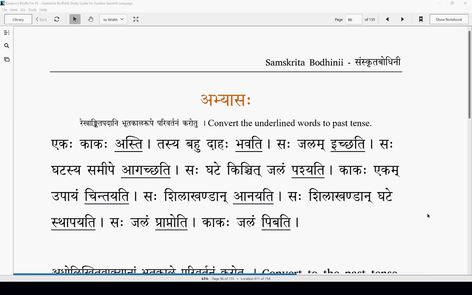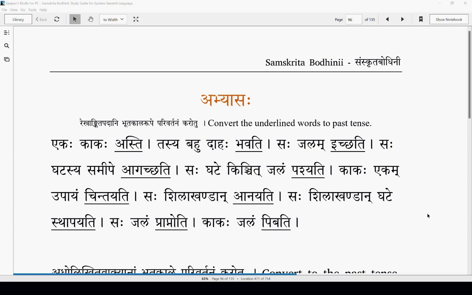Sthapayati means placing the stones inside the ghata. He places shilakhanda. Shilakhanda means, shila is stone, khanda is piece, like pebbles. Shilakhanda is pebble.